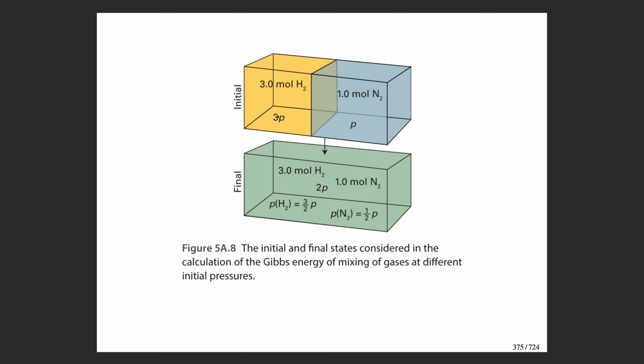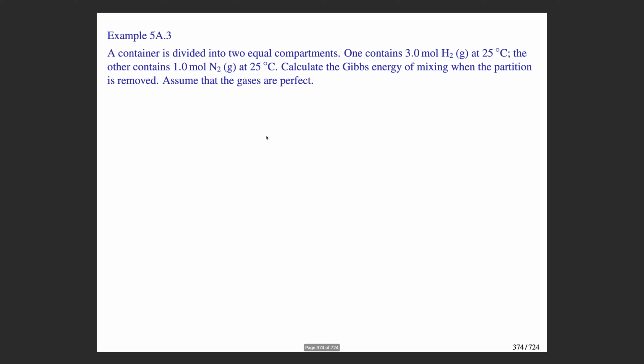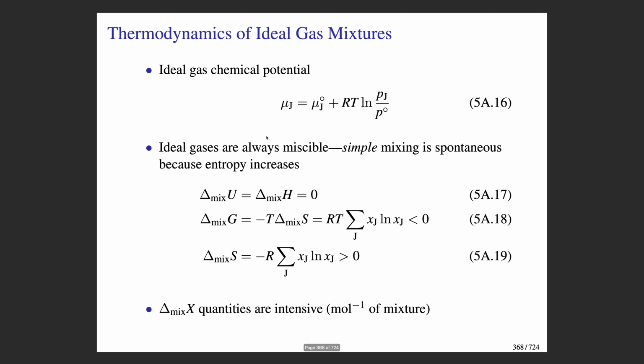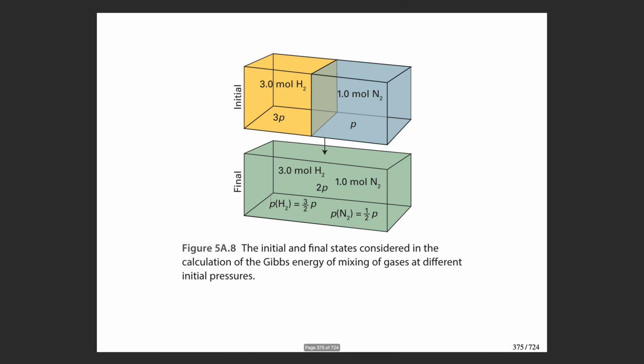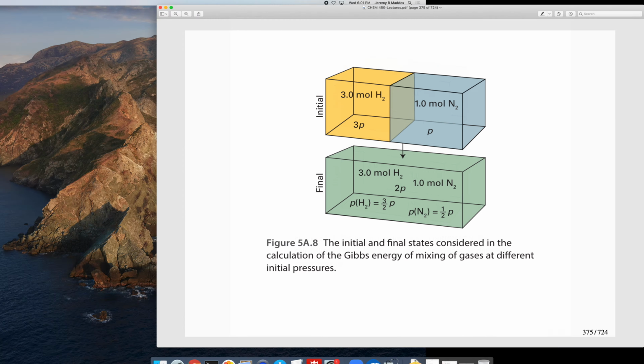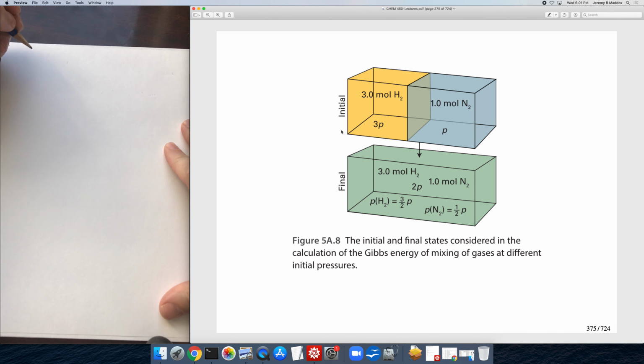The formulas that we derived here don't quite work because the pressures are not the same for the two individual gases, and so it's not quite the same formula. Nevertheless, you still can do this problem. You just have to go back to more or less the beginning.